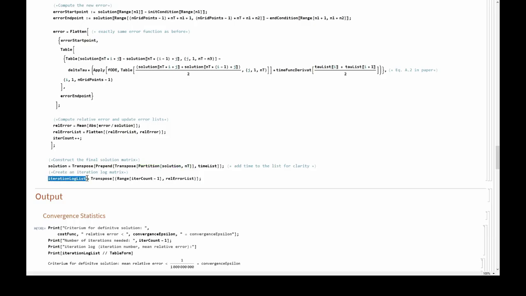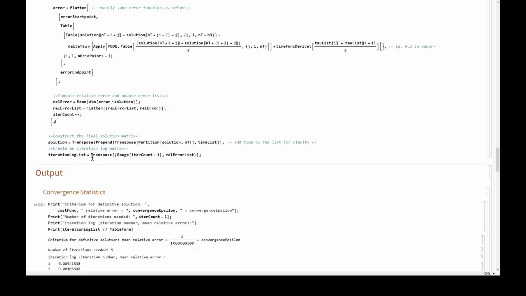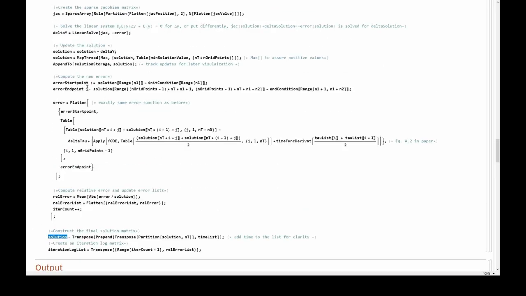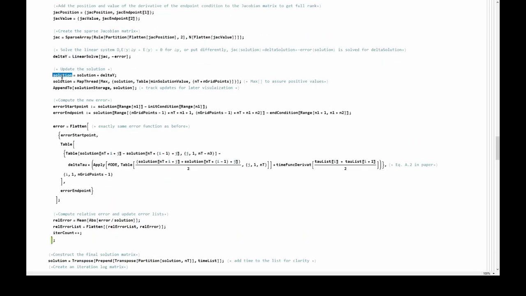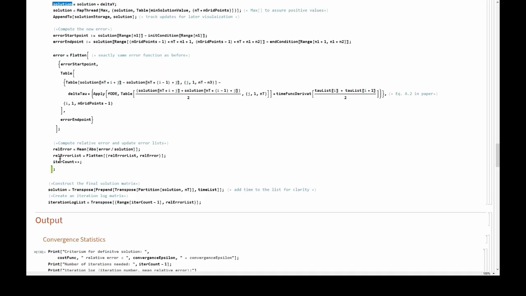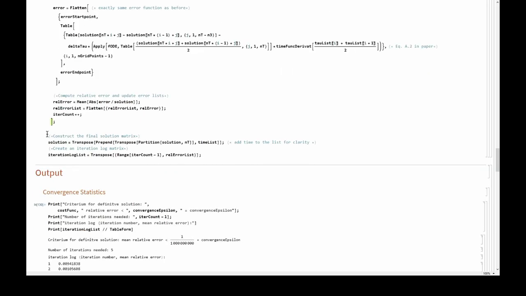And also we create this iteration log matrix, which basically says we're going to keep track of all the relative errors that we calculated. It's basically the same as this relative error list, only a bit neater to look at, and then we're done. So basically the last solution we calculate in this update step, if this produces an error that is small enough, we exit, and then this is basically just cosmetics.